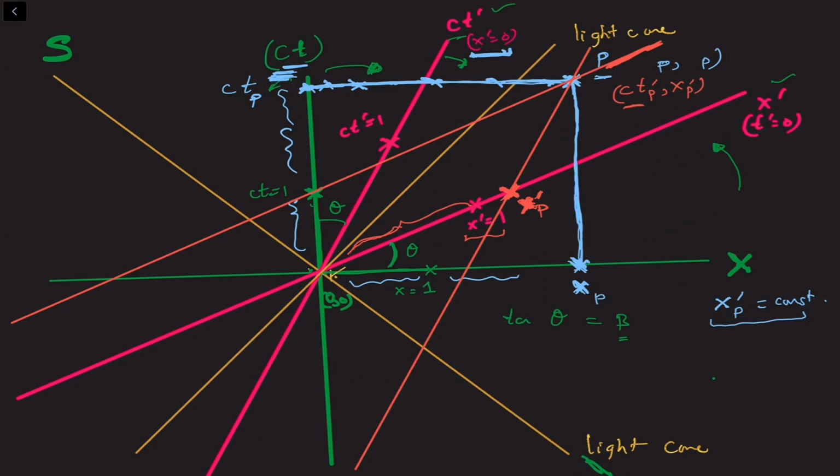Now what we would have to do is see where this line intersects the t prime axis, which would be over here, and then identify, given the unit of ct prime is equal to 1 that we've previously identified, how many units in t prime we have traversed to get to this point. In this case, ct_P prime would be something like 0.8, because it's only about 8/10 of the distance to the unit point along the t prime axis.